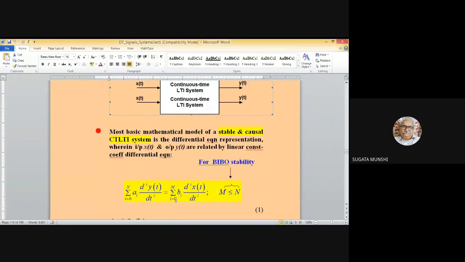So if you want to perform the same task as done by this continuous time LTI system by using a DT-LTI system, you must sample the signal x(t) first, and then there will be the DT-LTI system which will serve the same purpose as the continuous time LTI system, say a particular filtering operation.